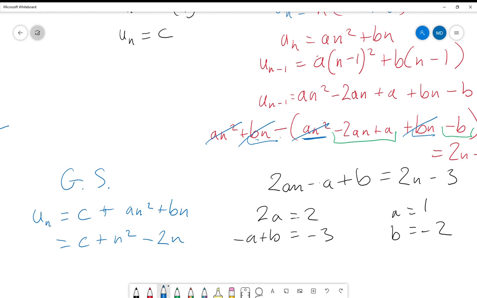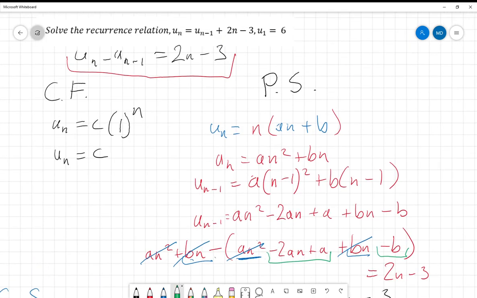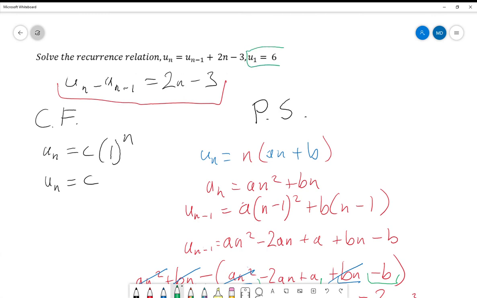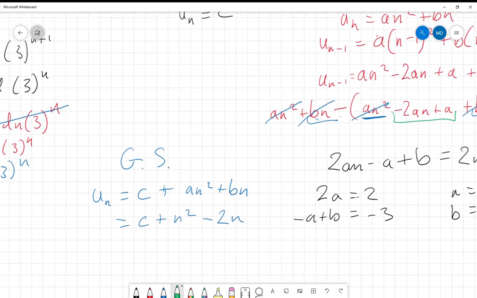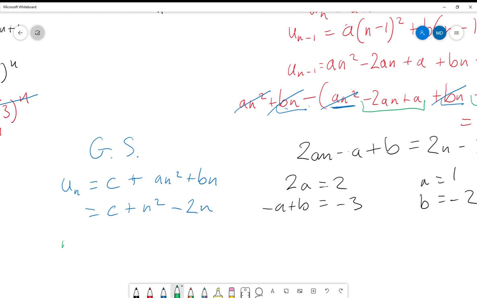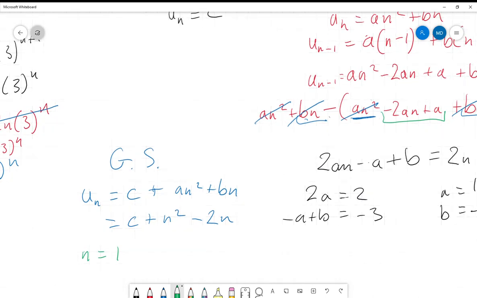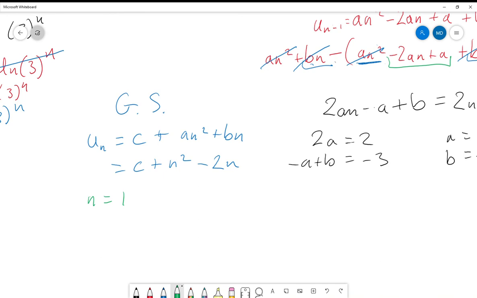And then we just need to plug in, as always, our initial condition to work out what the value of that constant is. So we need to plug in n equal to 1, and we get that u_1 is 6. So 6 is equal to c plus n squared minus 2n.